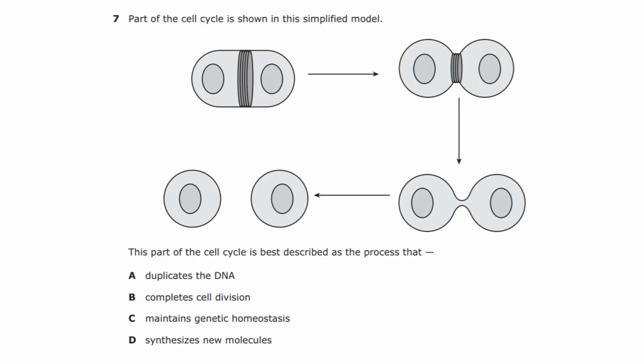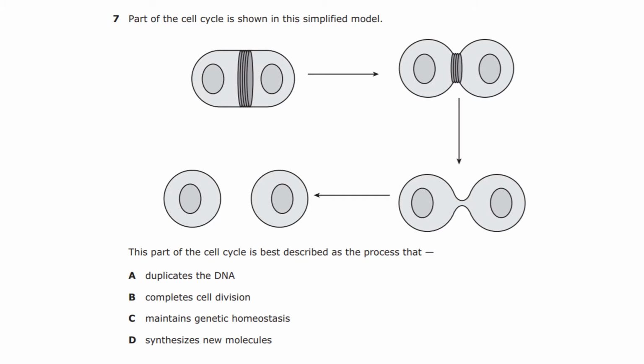Number 7, the part of the cell cycle that is shown in this simplified model. So if we just look at the diagram, we see two nuclei, one on the left, one on the right in that first upper left-hand picture. And then we see the arrow pointing to the one where it's starting to pinch in the middle to start to separate the cell.